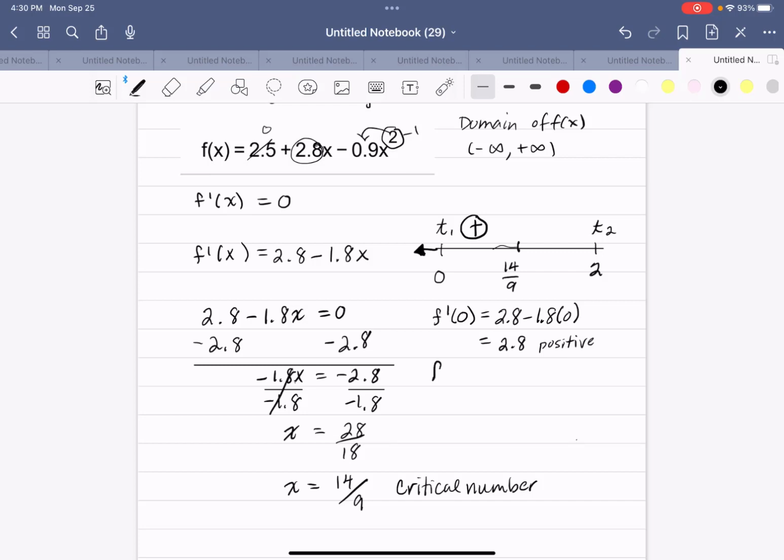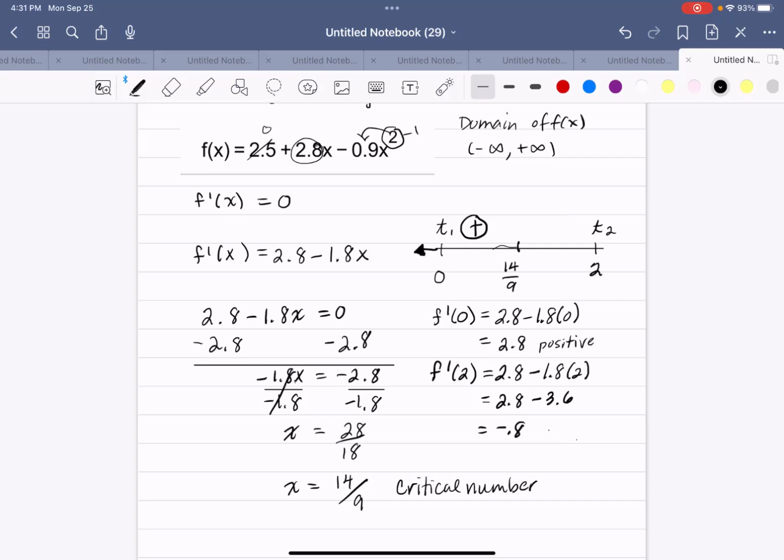Now I'm going to check f prime of 2. So that's going to be 2.8 minus 1.8 times 2. That's going to be 2.8 minus 3.6, and that's going to be negative 0.8.